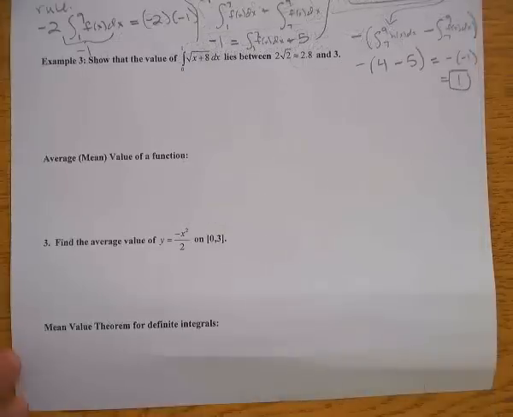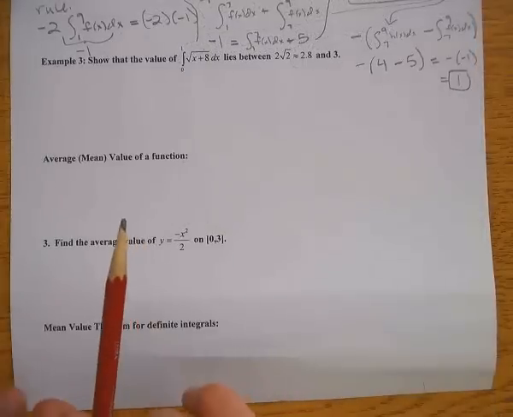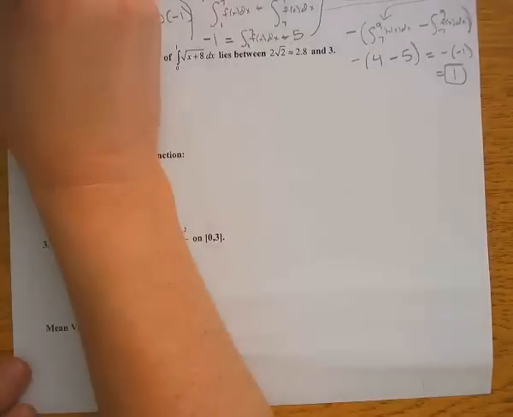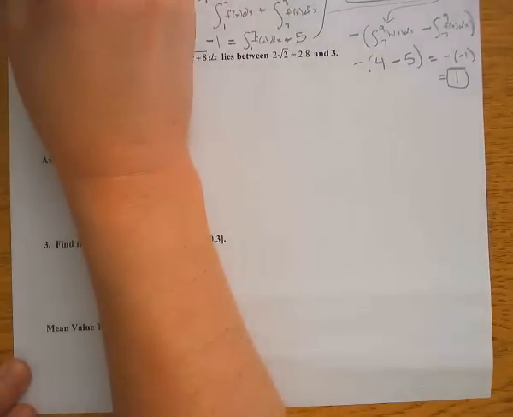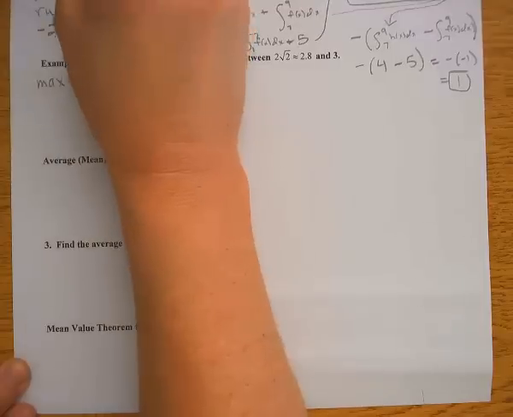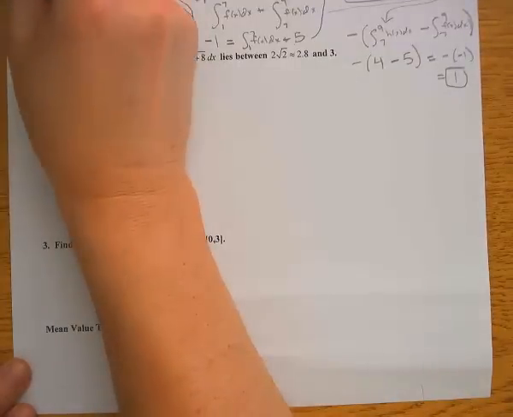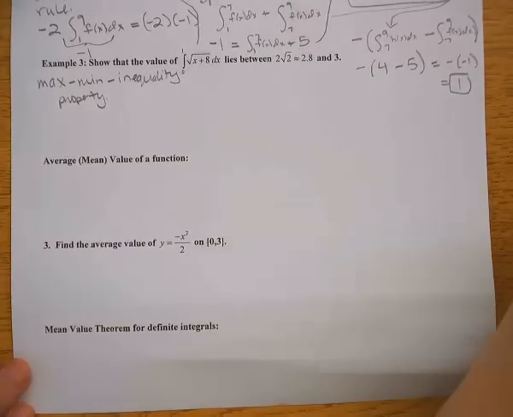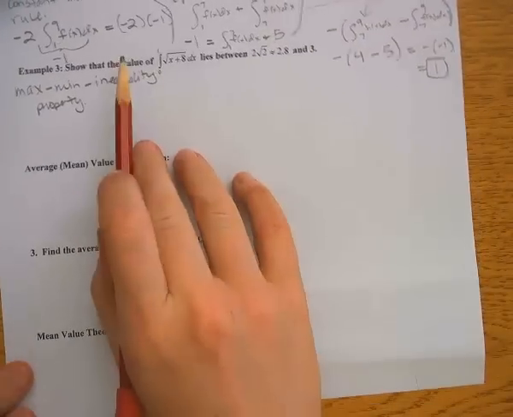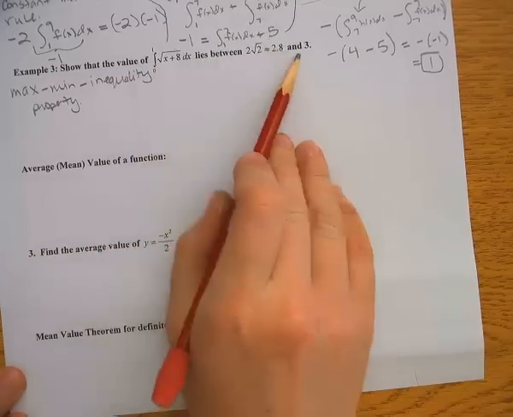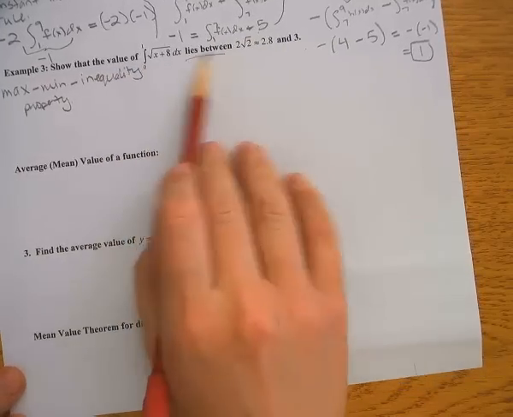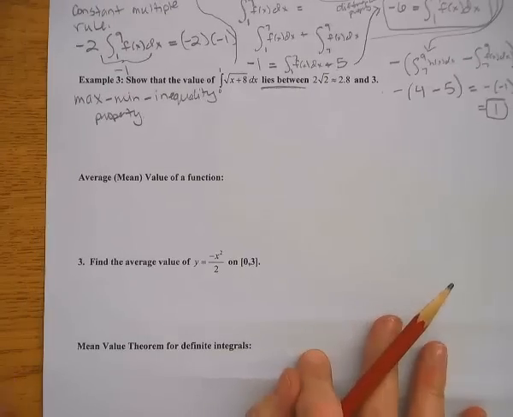For example 3, I'm going to use the max-min inequality property. Because in a sense, they're kind of hinting that's what they want me to do. They want me to show that this value lies between two things. Lies between sort of is the key word there.